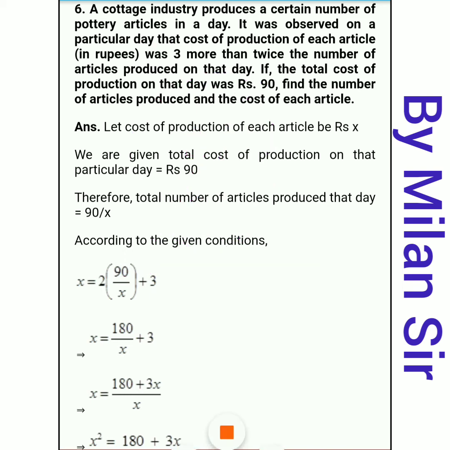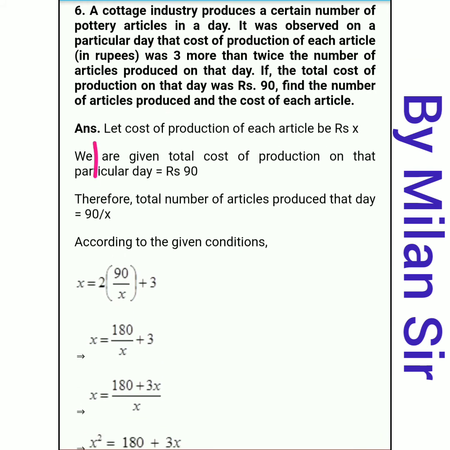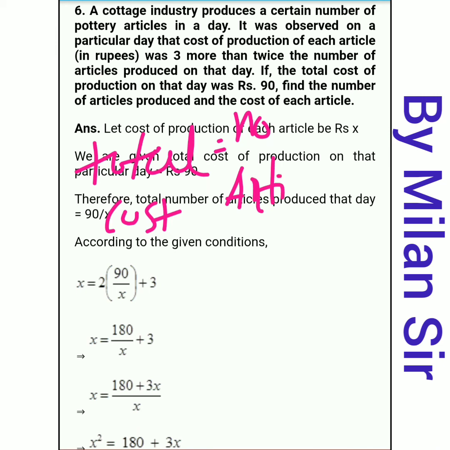So write down the formula here: total cost is equal to the number of articles produced in a day multiplied by the cost of each article.